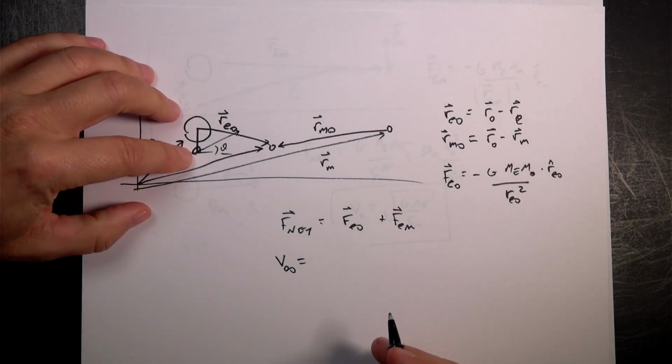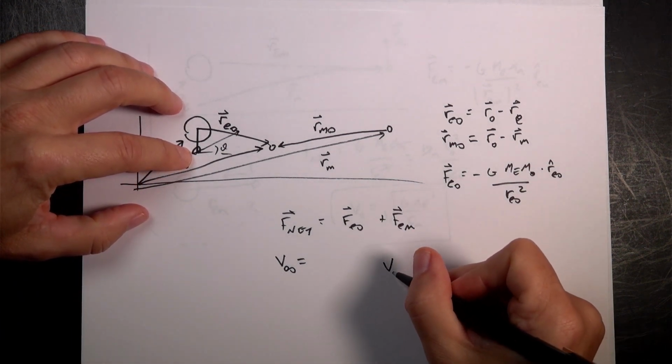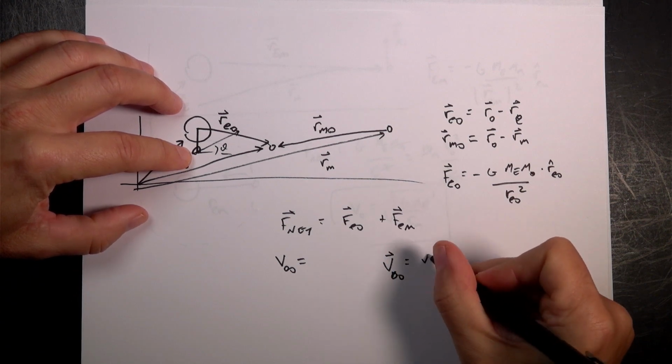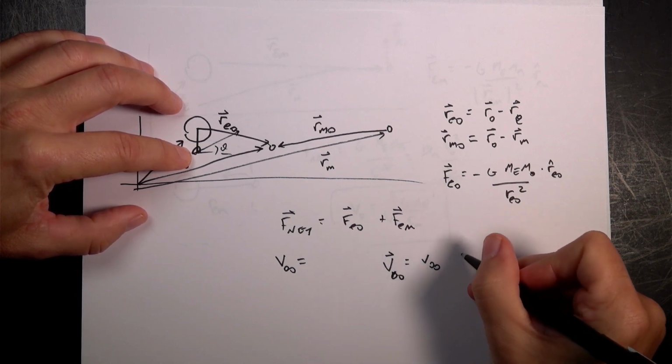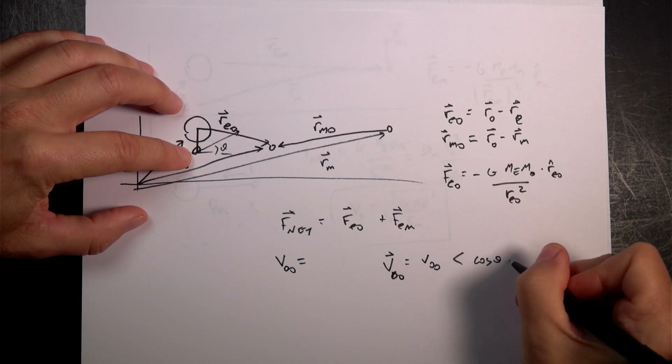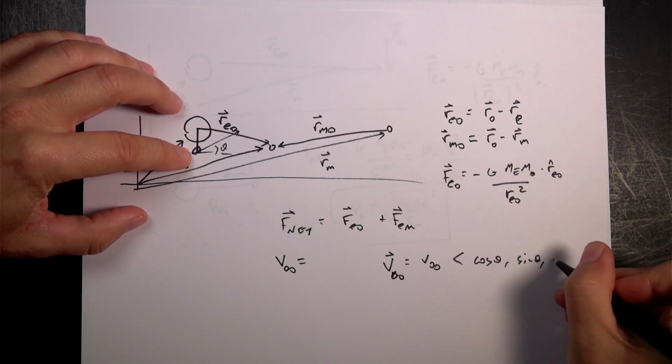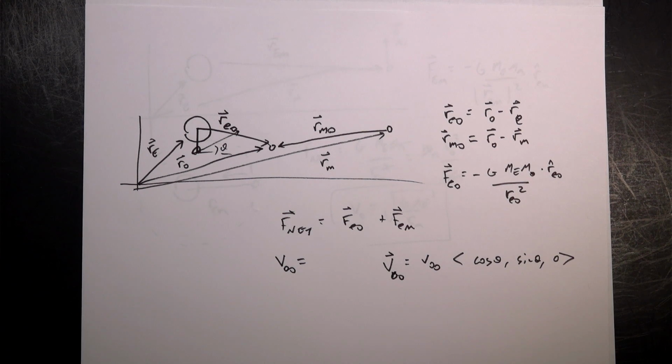So the initial velocity vector, VOO vector, is going to be VOO times the vector cosine theta, sine theta, 0. And then I can update the momentum of that. Okay. So that's what I'm going to do.